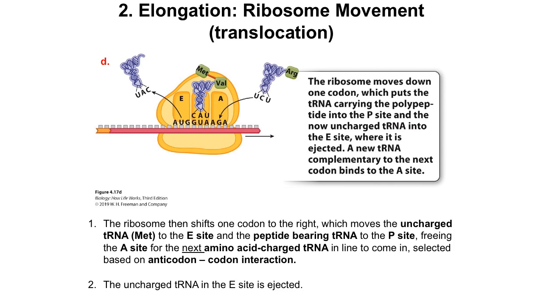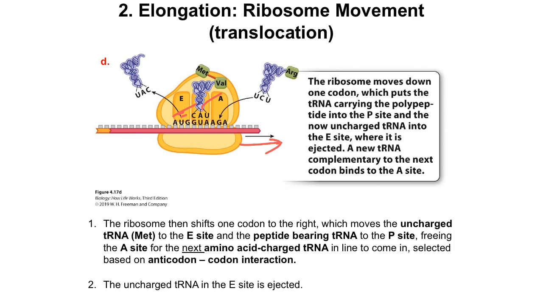In this particular stage, once the first peptide bond has been formed, the ribosome then shifts one codon to the right, as shown here, which moves the uncharged tRNA, that means the tRNA that no longer has any methionine in it, to the E site, this here, okay? And the peptide bearing tRNA shifts to the P site.